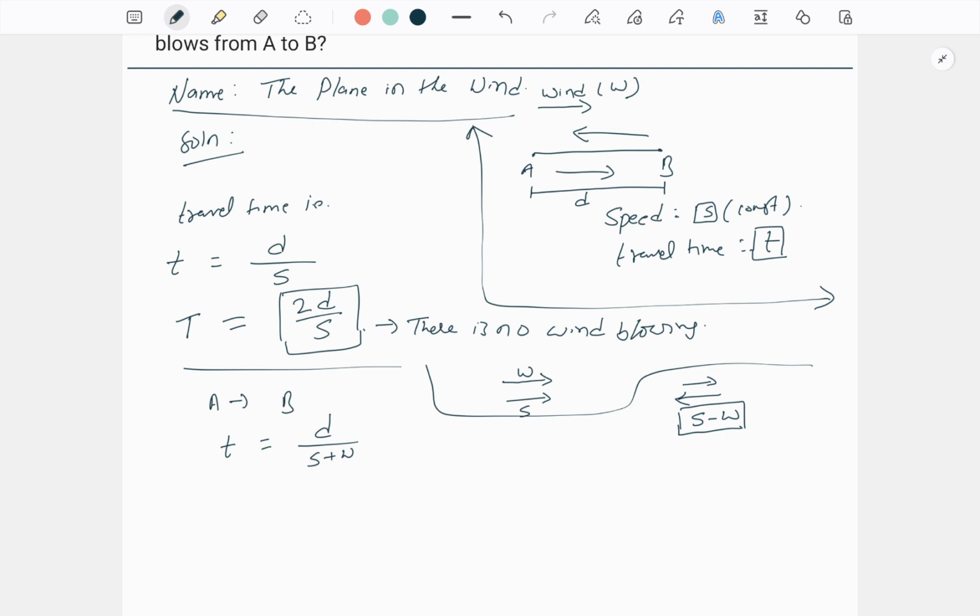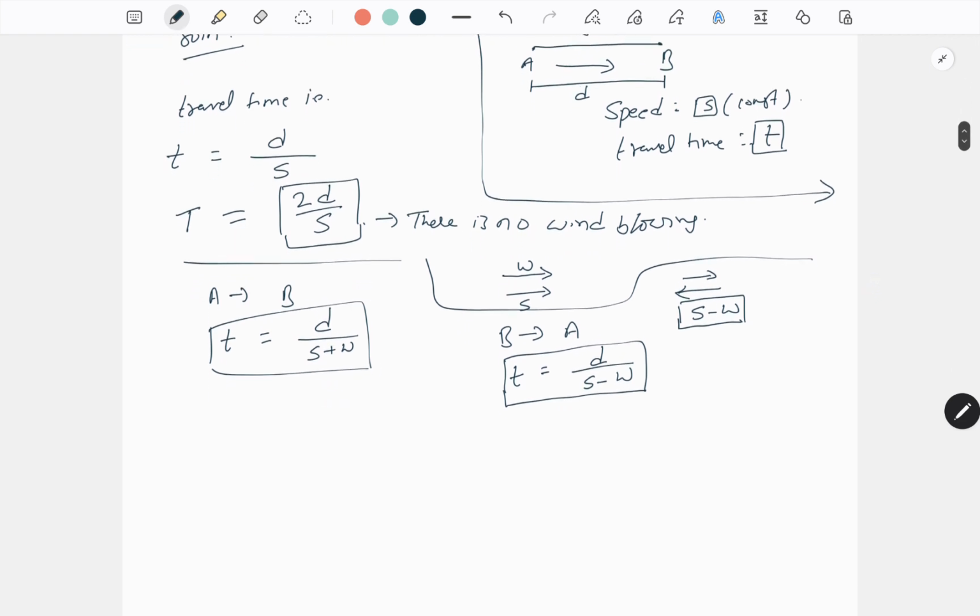I hope you are aware of this. So when the flight travels from B to A, the time taken would be d by s minus w. We have the time taken from A to B and the time taken from B to A. So the total time taken, let's say t with w when wind is present, is d by s plus w plus d by s minus w.